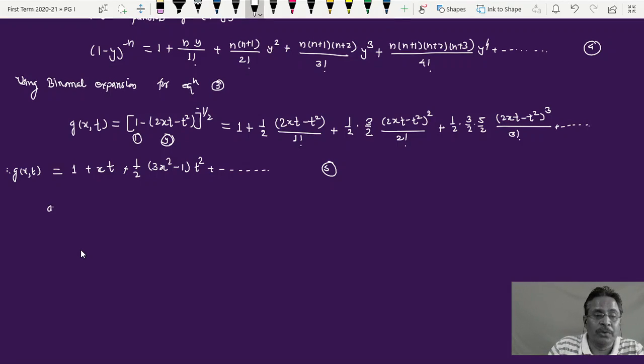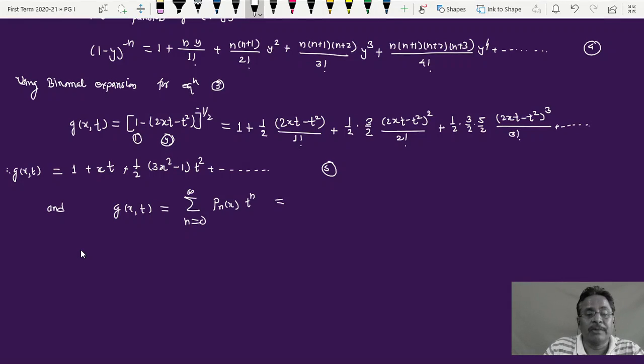And earlier we have g of x,t, this expansion as we have written earlier, is given by summation n equal to 0 to infinity p(n) of x into t raised to n. So if I expand this, taking different values of n starting from 0, the first term is p0 of x into t raised to 0.